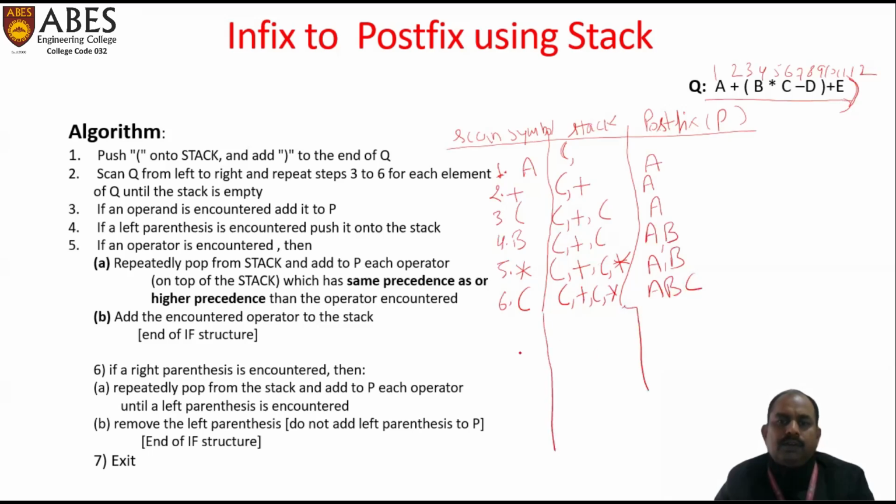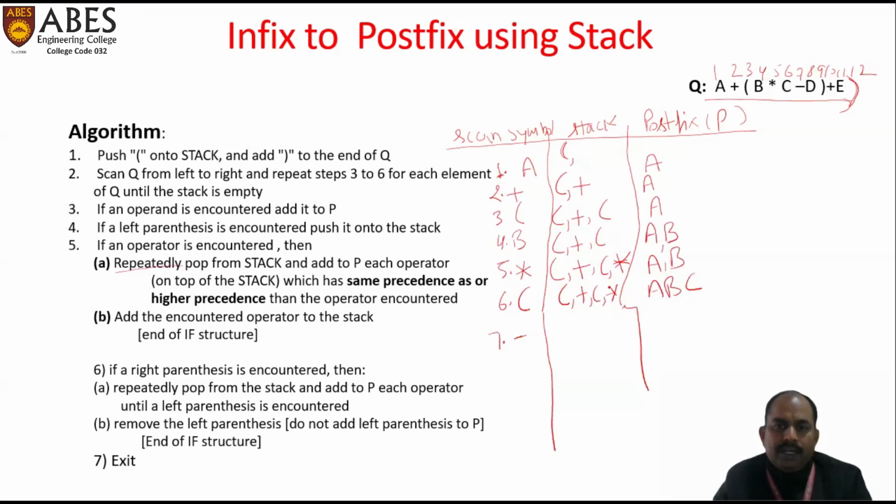Now the seventh symbol is the minus symbol. Here we can see that as per the algorithm, using step number 5, we repeatedly pop from the stack and add to P each operator which has the same precedence or higher precedence than the one on the top of the stack.